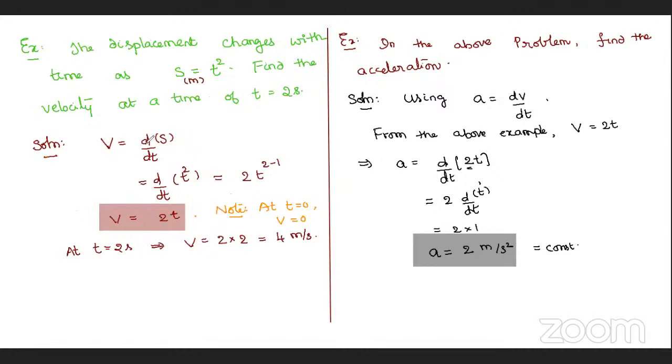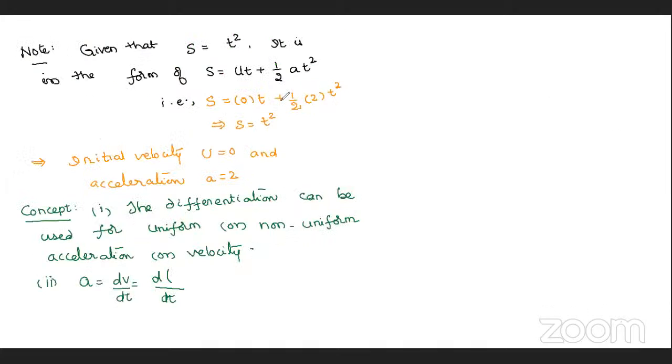I am going to write v again as d of s by dt. This v formula I am going to substitute there. v is d by dt of s.